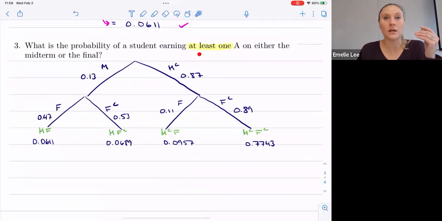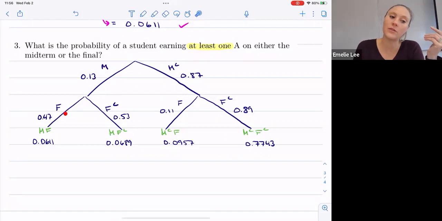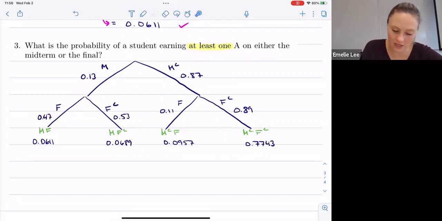What we do and how I use this tree is, at least one A on either the midterm or the final. So I highlight down: here, this first branch, I got an A on the midterm, so both of the next branches, I have at least one A. In fact, down the first branch, I have two A's, but that's at least one A, so that satisfies it.